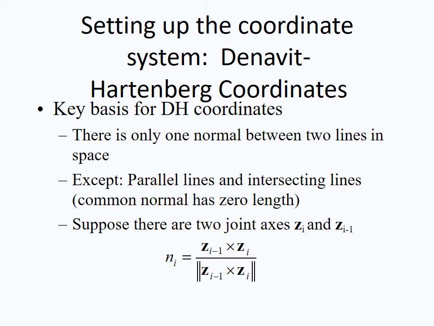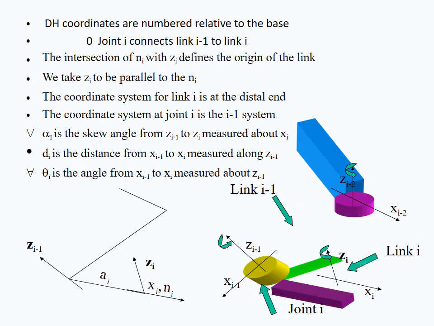Suppose there are two joint axes z i and z i minus 1, then the n value will be z i minus 1 cross z i, divided by the modulus of z i minus 1 cross z i. DH coordinates are numbered relative to the base, that is joint 0. Joint i connects link i minus 1 to link i.